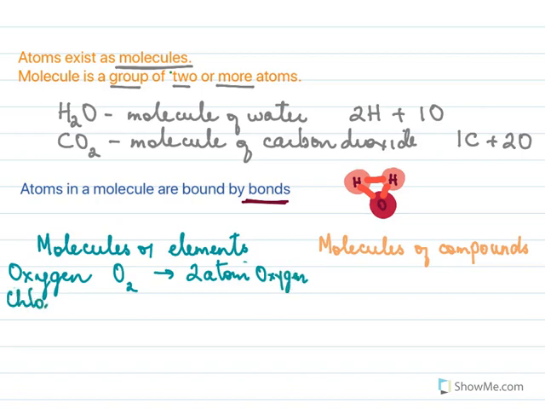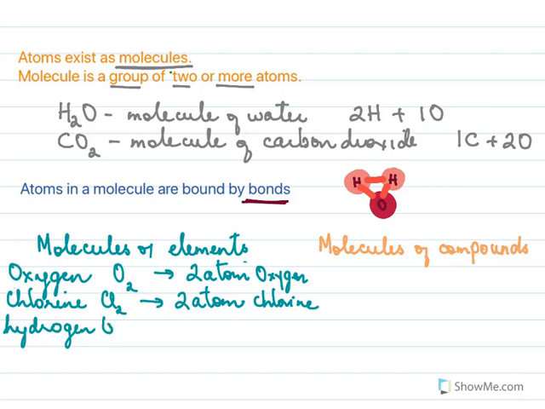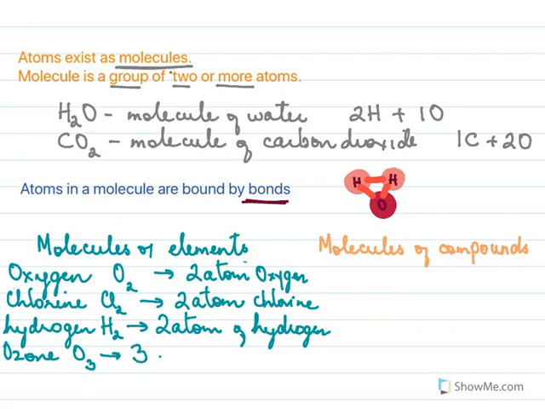Then chlorine, which is Cl2, is made up of 2 atoms of just chlorine. Then we took the example of hydrogen. A hydrogen molecule is H2 and is made up of 2 atoms of only hydrogen. We took another example of ozone, which is O3, and it is made up of 3 atoms of oxygen.